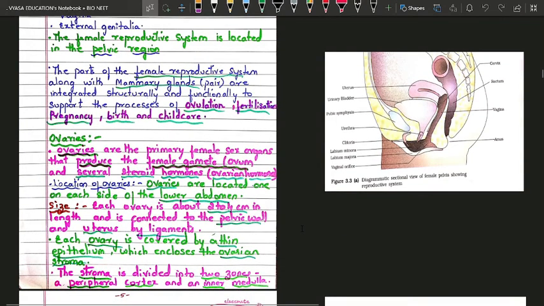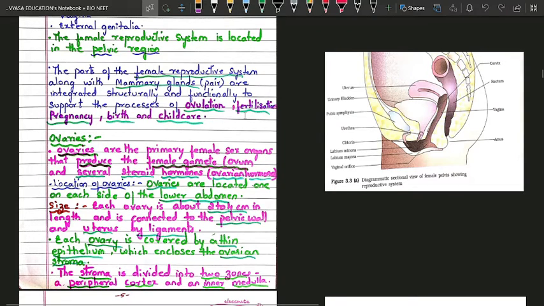The parts of the female reproductive system, along with the pair of mammary glands, are integrated structurally and functionally to support the process of ovulation, fertilization, pregnancy, birth and childcare. What are the parts of the female reproductive system? As we have seen, the ovaries, the uterus, the fallopian tubes, the vagina, the cervix, and the external genitalia. What do they help in? The ovaries help in ovulation.